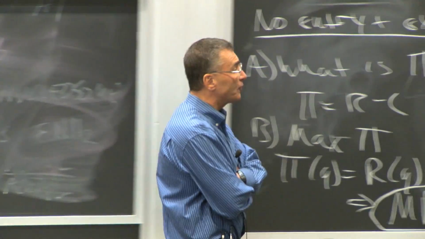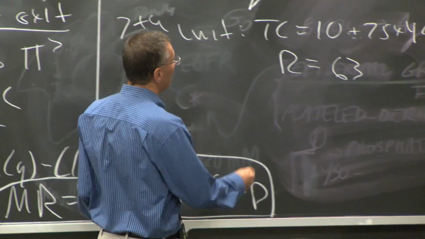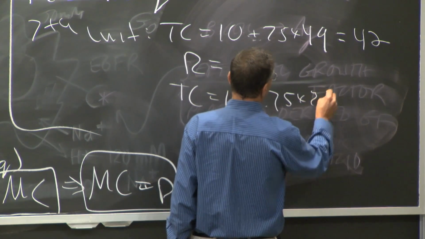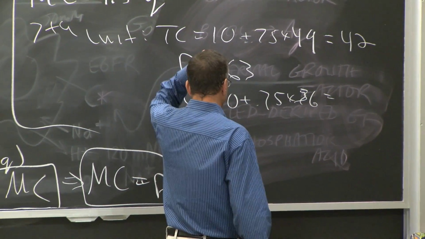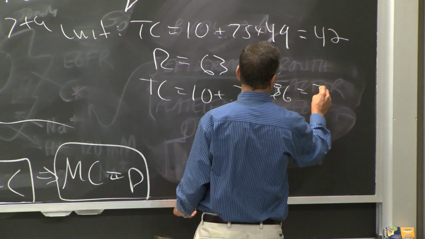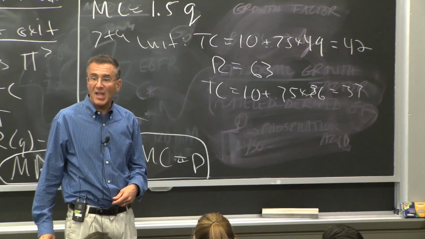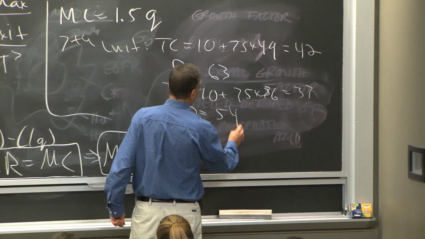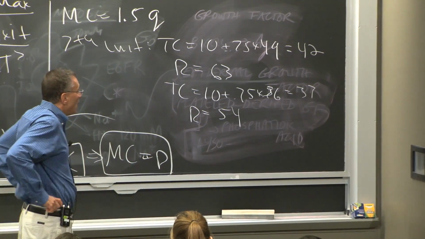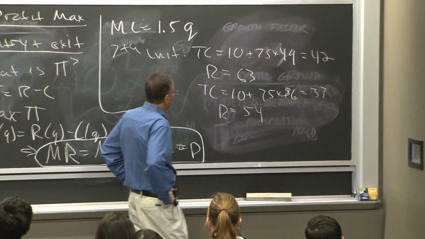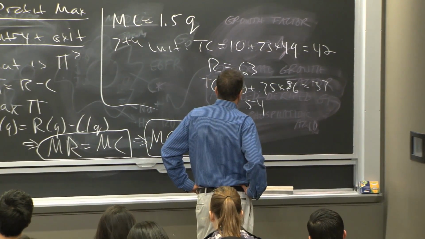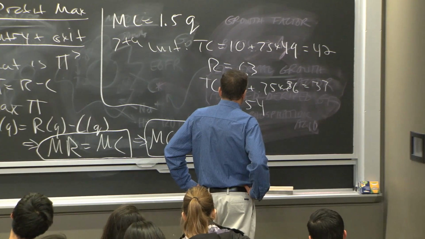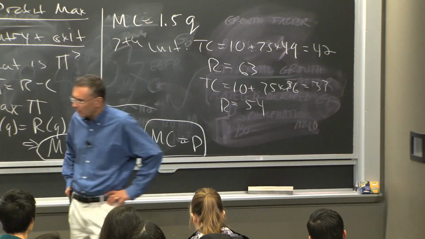Because look, what are your profits if you stop at the 6th unit? If you stop at the 6th unit, your total costs are 10 plus 0.75 times 36, which is 37. Your revenues, if you sell 6 units, are 54. What did I do wrong here?